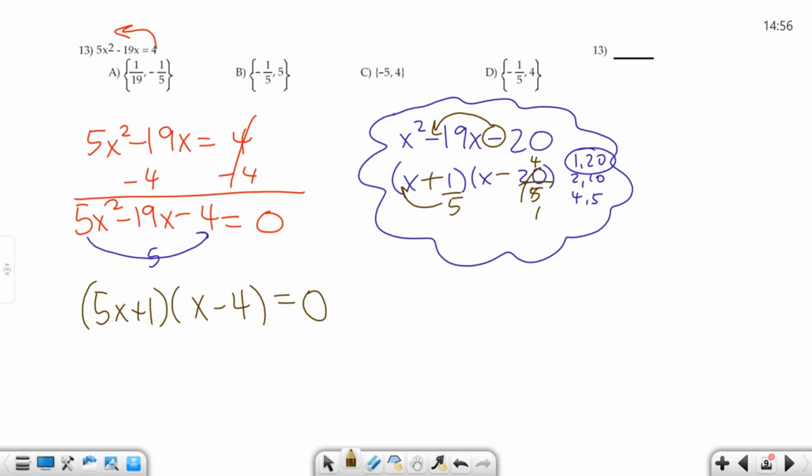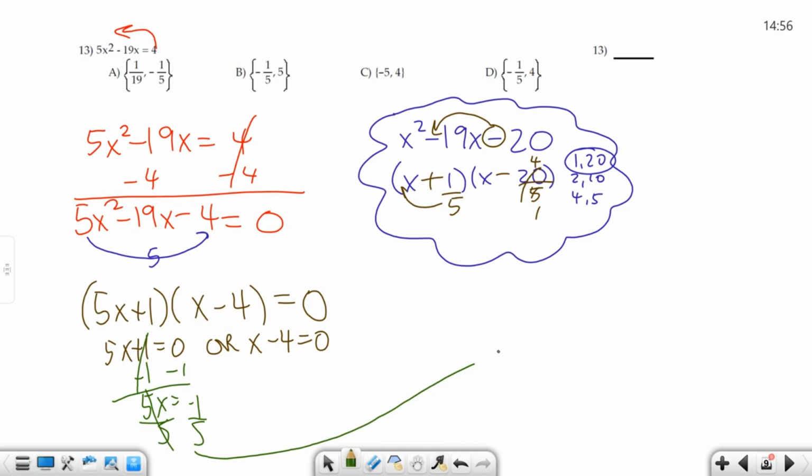And then I take each one of those, 5x plus 1 equals 0, or x minus 4 equals 0. Subtract 1, 5x equals negative 1, divide by 5, x equals negative 1/5, comma, because it's going to equal something else.